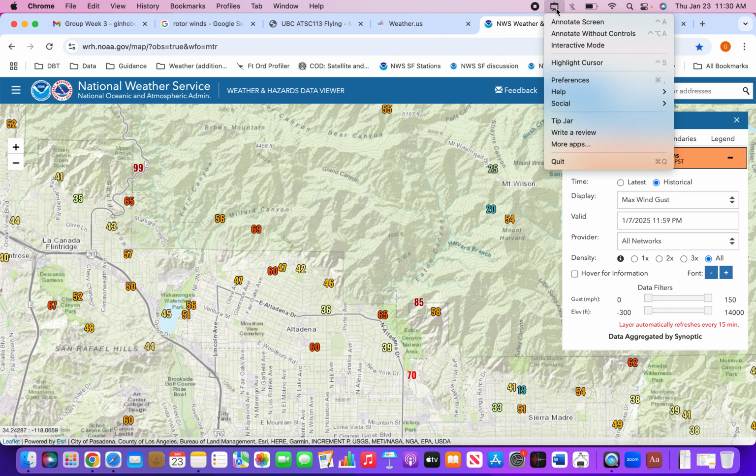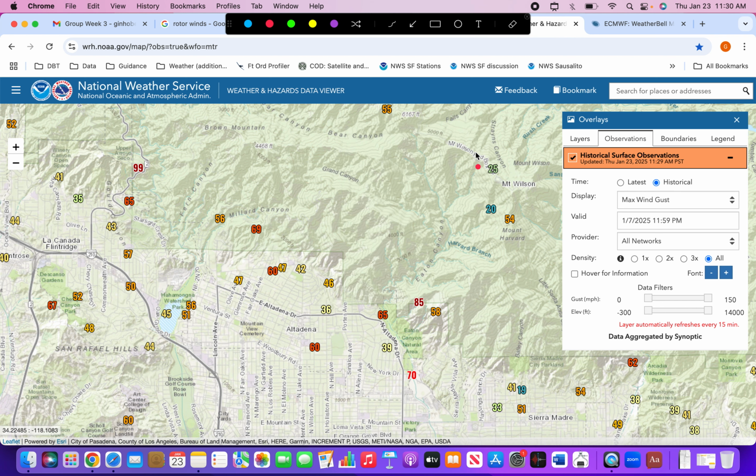Same kind of concept. Remember what I was talking about, the funneling in the canyons. Look at that. Of course it was an 85-mile-per-hour gust here. Look at these canyons. Look at this funneling effect. Of course there was a 69. Of course there was a 65.